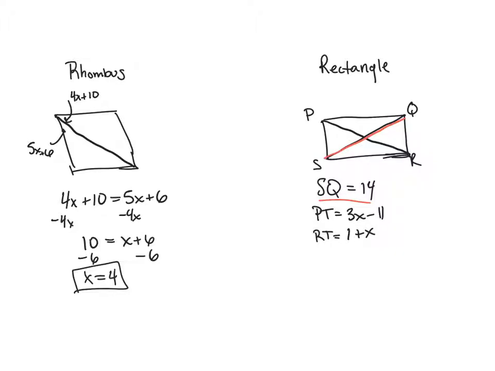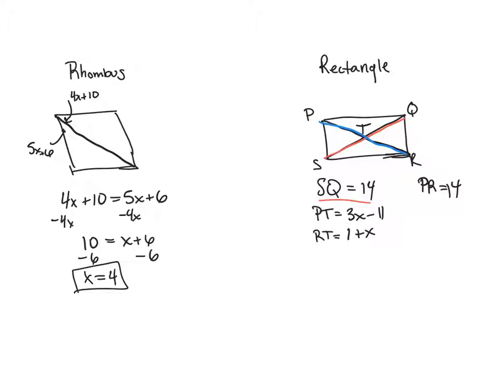So if I know that diagonals are congruent, I know that PR, that other diagonal, this blue diagonal, needs to also be 14. But I still have to find x, right? So it looks like I missed one label. So this is T in the middle there. That intersection point is T.